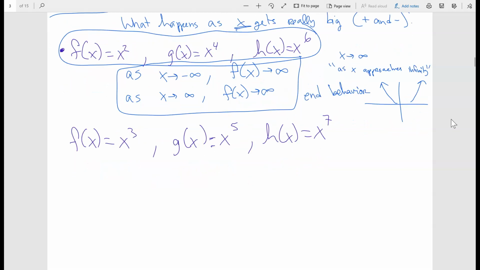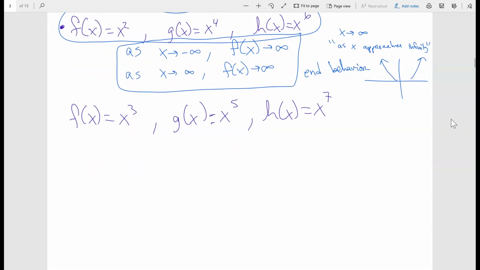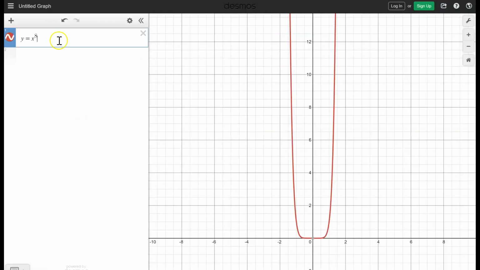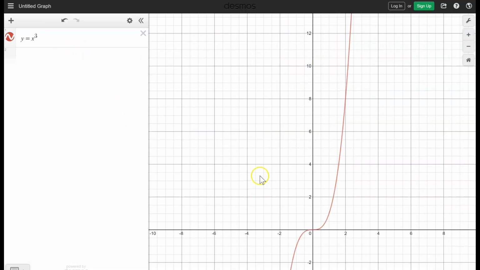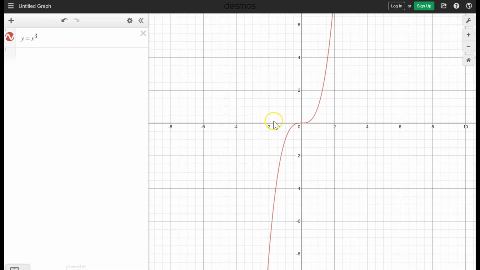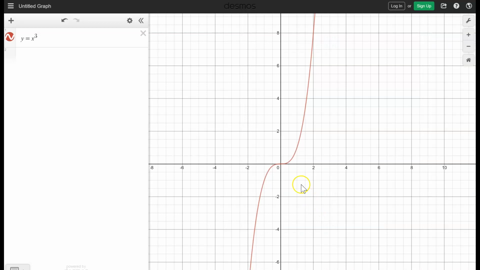Okay. Now, what happens if I raise it to an odd power? So if that happens, then let me change this to a 3. You can see that as x gets negative, what happens to all my y values? They start becoming more negative. And what happens if I make x positive?